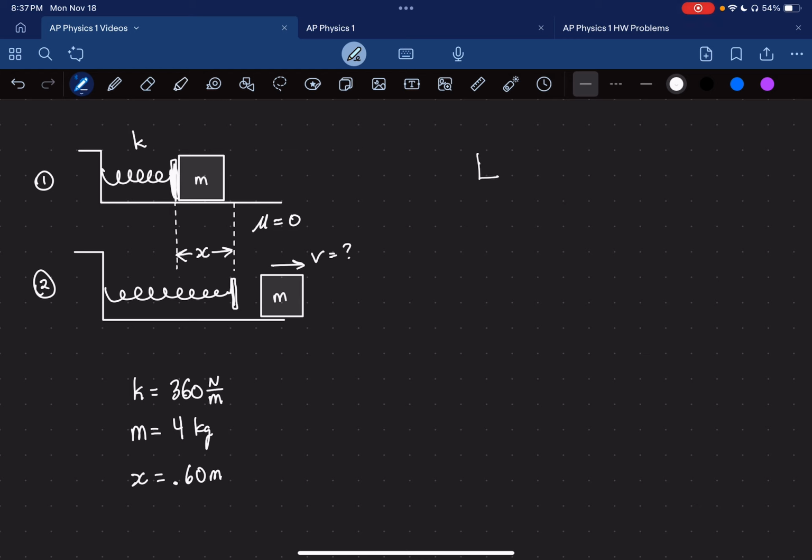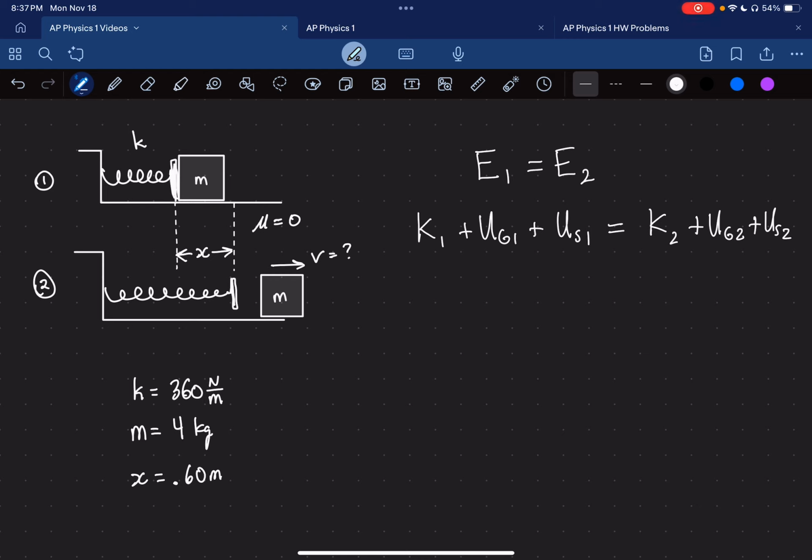And so we can start by saying the mechanical energy at position 1 is equal to the mechanical energy at position 2. And because we have a spring here, we should write K1 plus UG1, and finally US1, the spring potential energy at position 1, is equal to K2 plus UG2 plus US2.